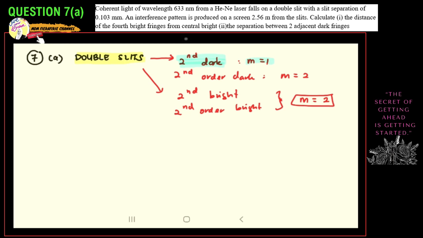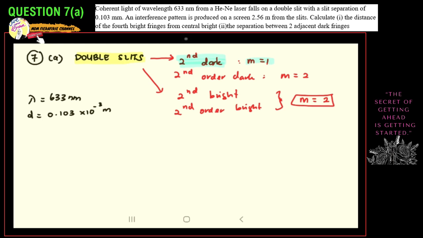Okay. So now let's take out all the information. So we have lambda is equal to 633 nanometer. And given that the slit separation is 0.103 millimeter. Okay. So now small d is equal to 0.103 times 10 power of negative 3 meter.